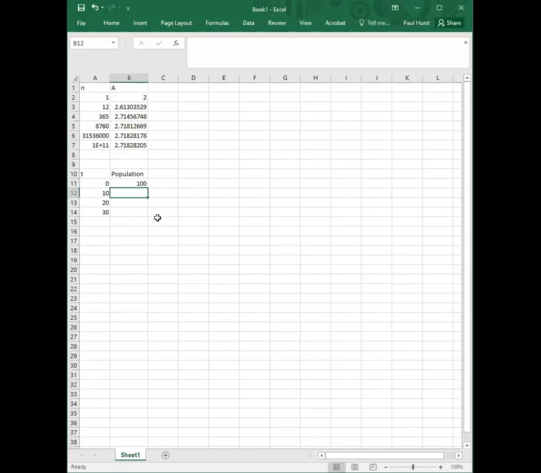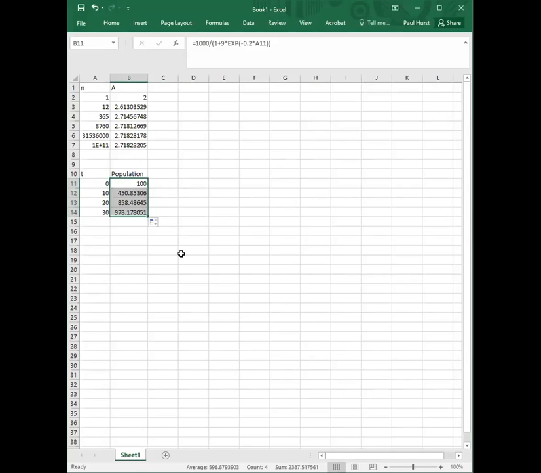Okay, and that's 100, the answer that we got for part A, by plugging in t equals 0. Okay, and then here are the other values. So we want to round it to the nearest whole number, just because it's kind of weird to say, oh, there were 450.85 fish.